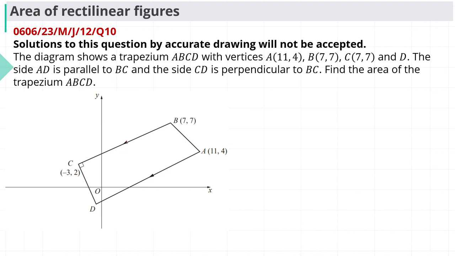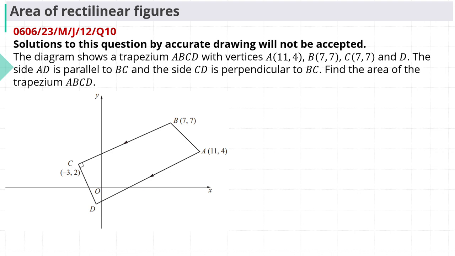As you can see in the diagram, there is an arrow on BC, there is an arrow on AD, indicating that those two lines are parallel. And the side CD is perpendicular to BC. Yes, we can see 90 degrees. We can see that line BC and line CD meet at 90 degrees in our diagram. Now we have to find the area of trapezium ABCD.